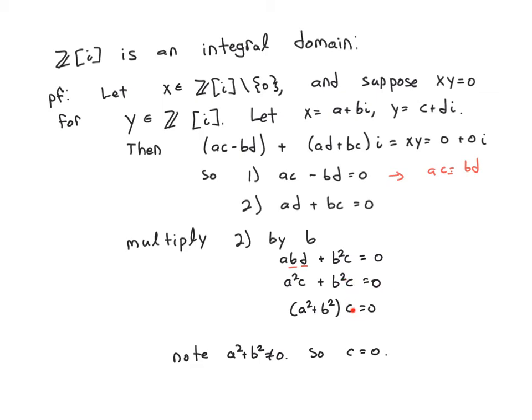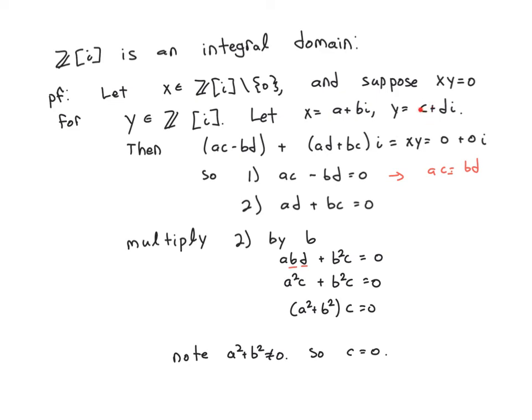I can factor out the common factor of c, and I have this expression. Now if x is non-zero, that implies that a squared plus b squared is not 0. Why? Because it can't be the case that both a and b are 0, so at least one of them is not 0. That means one of these squares, possibly both, has to be a positive number, so this sum has to be positive. So this product is 0, this number is not. It follows that c is equal to 0.